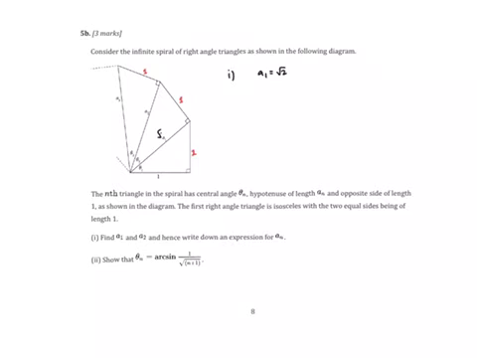Okay, so this is equal to root 2. Then A2 is going to be equal to the square root, I'm just using the Pythagorean theorem, root 2 squared plus 1 squared. So A2 will be equal to root 3.